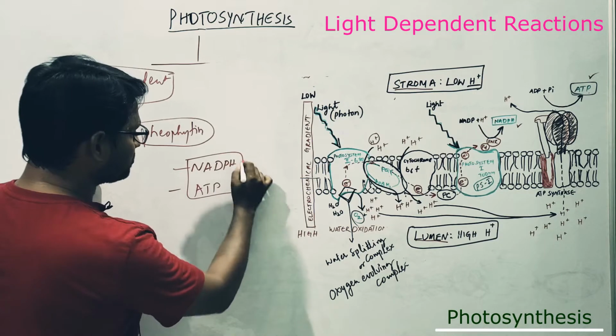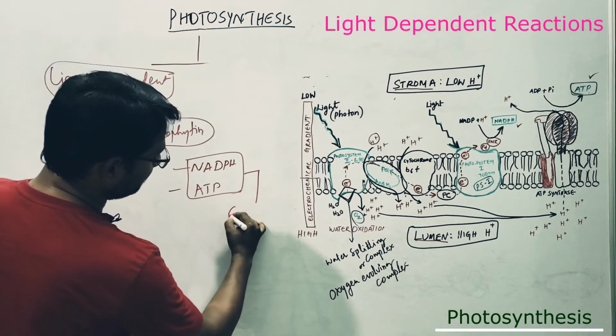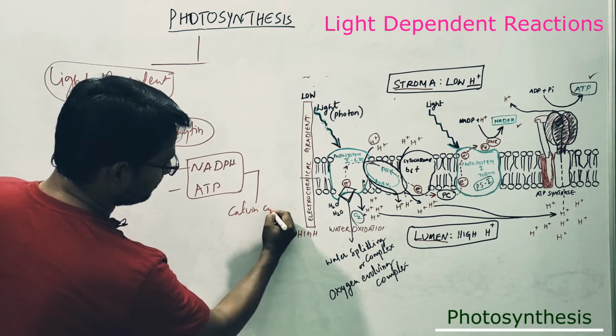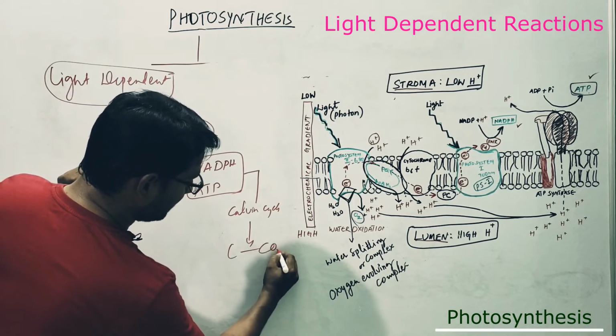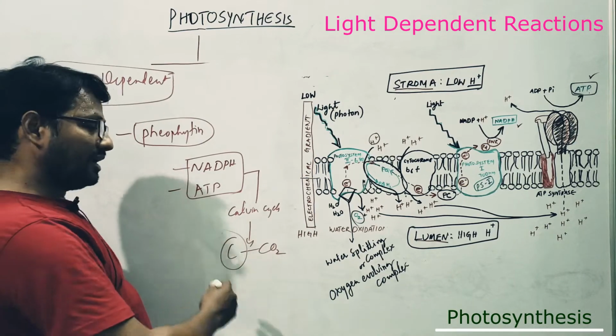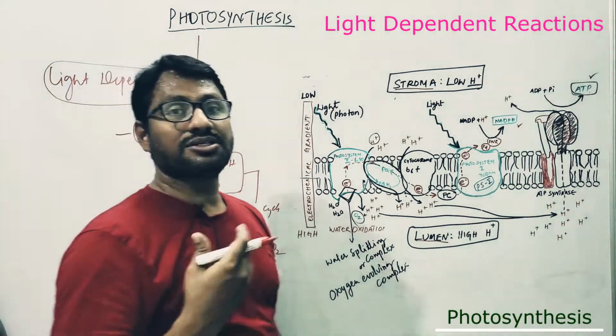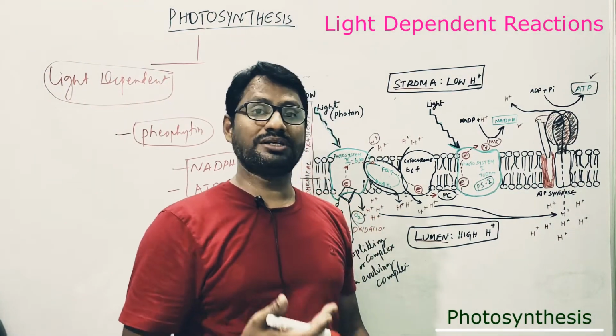These two compounds are used in the Calvin cycle to fix carbon from carbon dioxide, and finally the outcome is the production of carbohydrates, lipids and proteins.